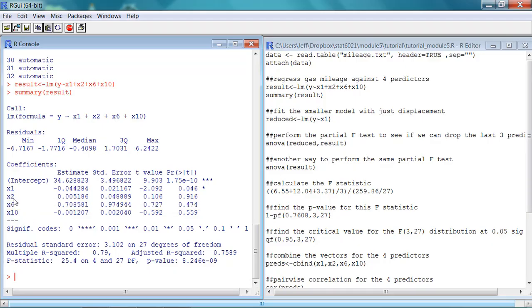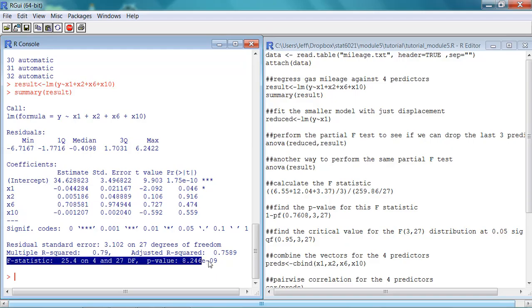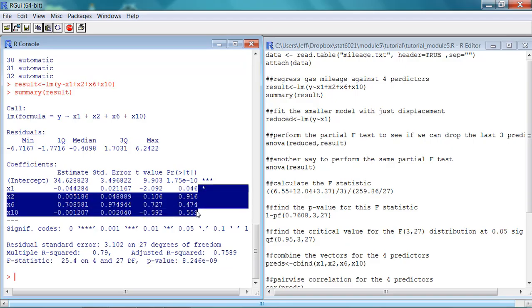But what we notice over here is that for a lot of these predictors, the individual t-tests are insignificant. So typically that's a sign of multicollinearity, especially if you have an F statistic that is very significant, and yet the t-tests for the slopes, okay, we have one that is significant, but the rest are insignificant.